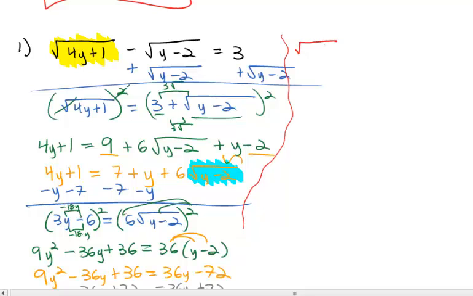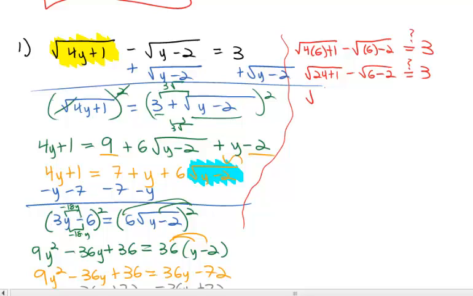Plugging 6 into the original problem, we get the square root of 4 times 6 minus 1, minus the square root of 6 minus 2, which we hope is equal to 3. Oh, I'm sorry, it's plus 1 inside the first radical. 4 times 6 is 24 plus 1, minus the square root of 6 minus 2, which we hope is equal to 3. 24 plus 1 is 25. 6 minus 2 is 4.